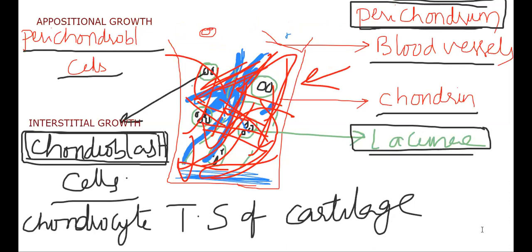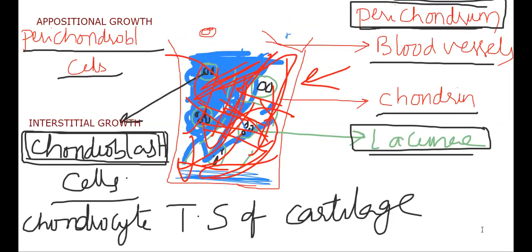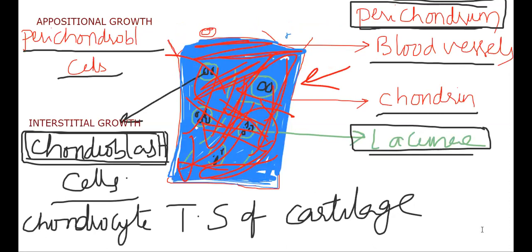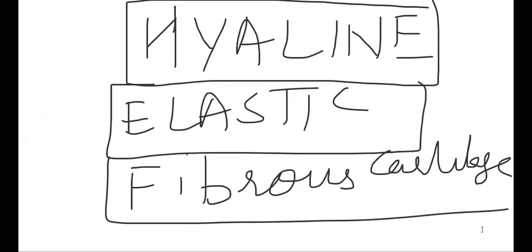So the thing to remember in fibrous cartilage is that there is no perichondrium and it gets nourishment from underlying tissues. This is the story of hyaline, elastic, and fibrous cartilage.